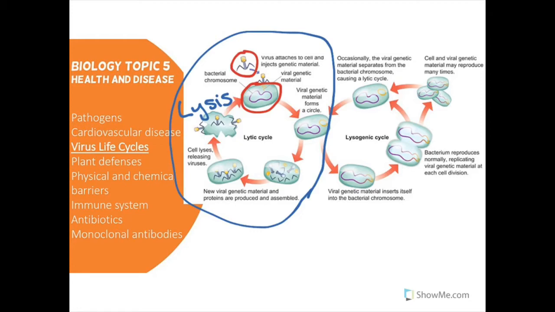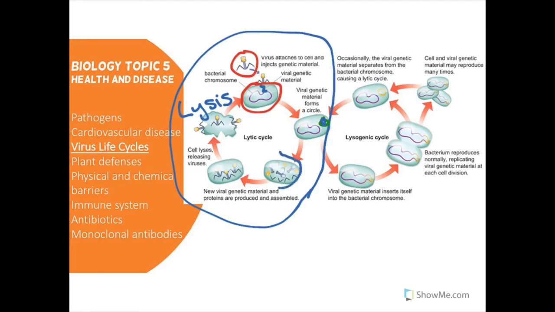What it's going to do is the virus is going to inject its genetic material. It's then going to go into a circle, and circles of DNA are just called plasmids. That plasmid is then going to be read by the ribosomes in the host cell, and it is going to make new proteins by translation.